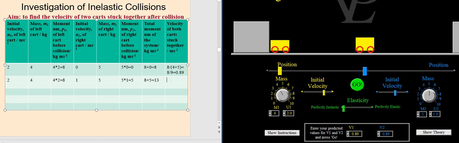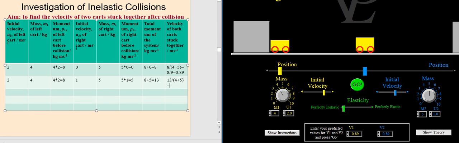So what do we predict is the velocity of both carts stuck together. So the total momentum of the system now is 13. And we've got to divide that by the total mass. So that's 4 plus 5. Hasn't changed from the first run of experiment.